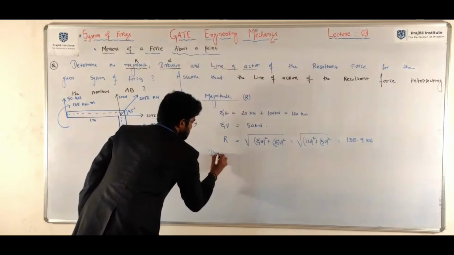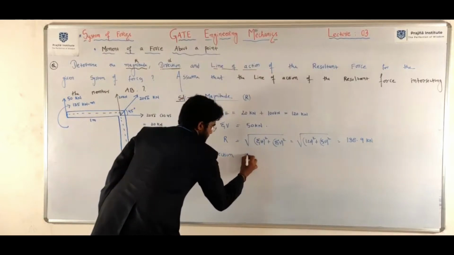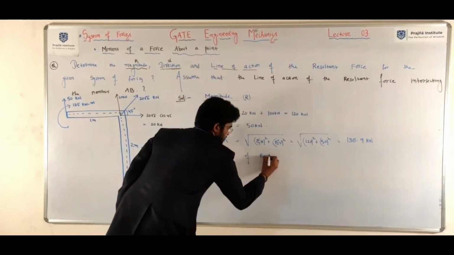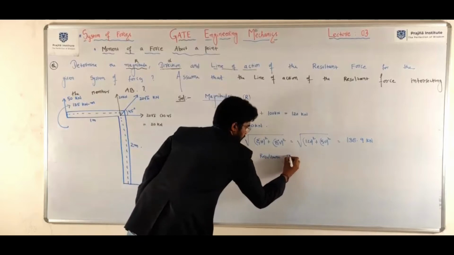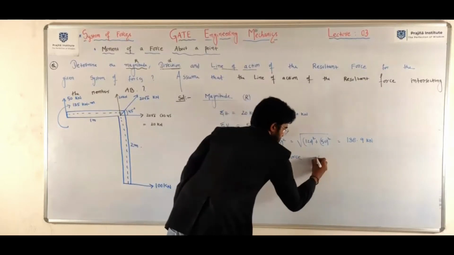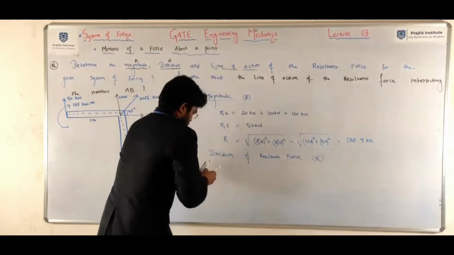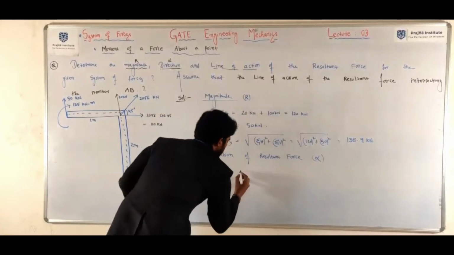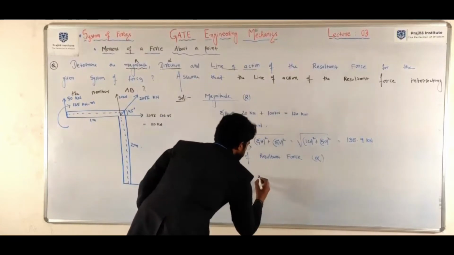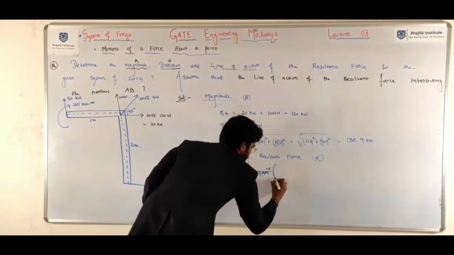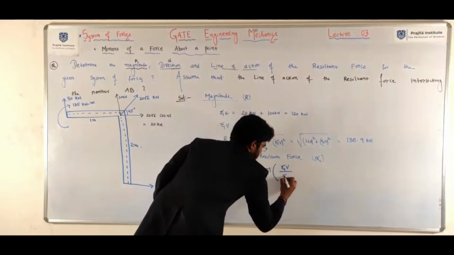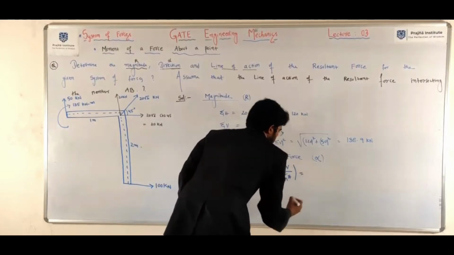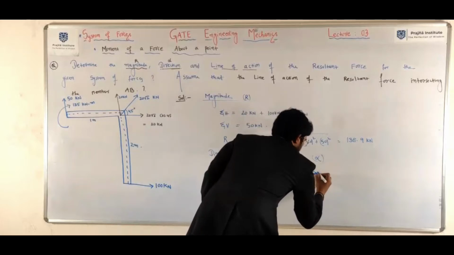Okay. Now, what is the direction? Direction of the resultant force, that is alpha. As we know, alpha equals tan inverse of sigma V by sigma H. What will you get?